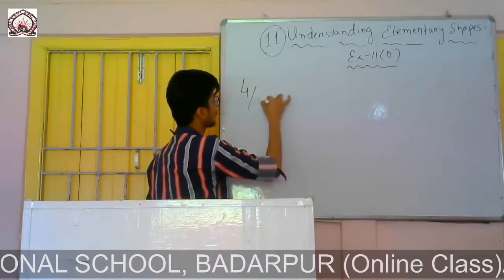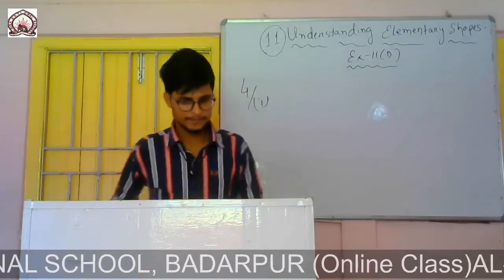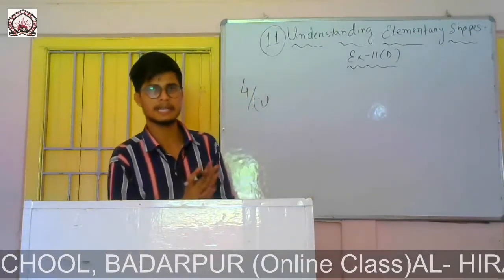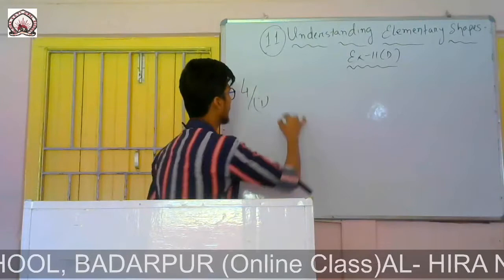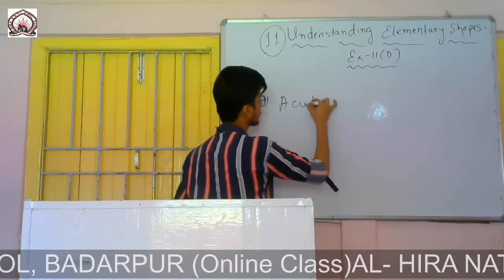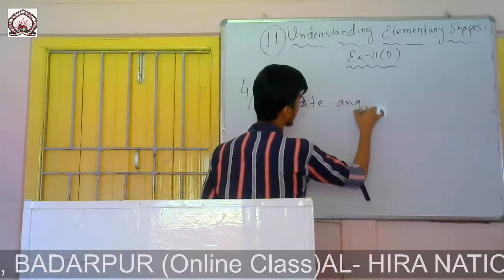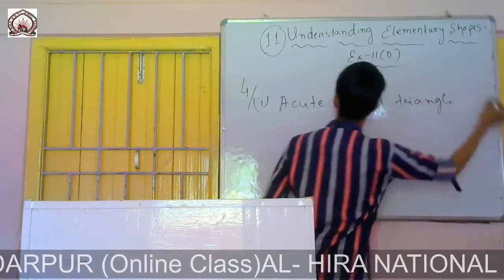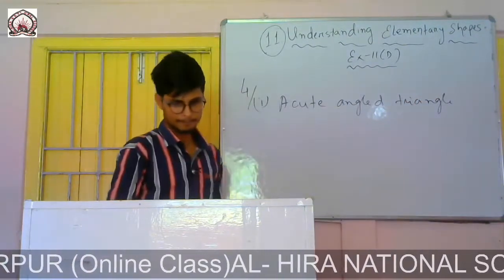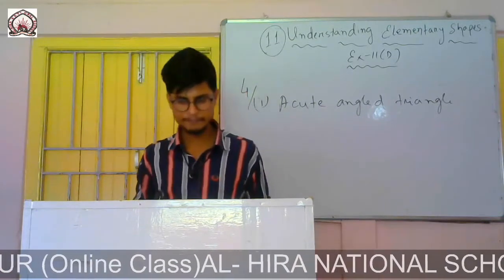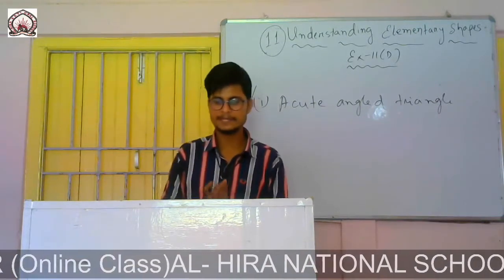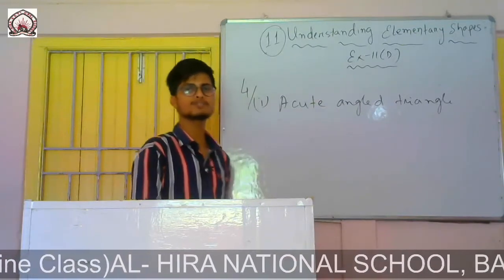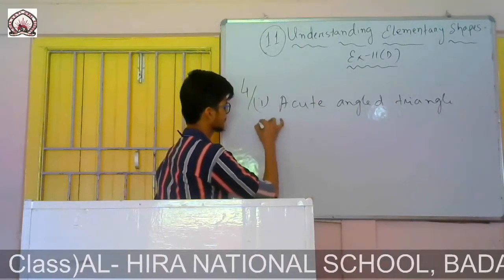Question number 4, Roman number 1: 58 degree, 83 and 39. That means all these three angles are less than 90 degrees, so it is an acute angle triangle. Roman number 2: 65 degree, 95 degree and 20 degree. One angle is more than 90 degrees, so it is an obtuse angle triangle.